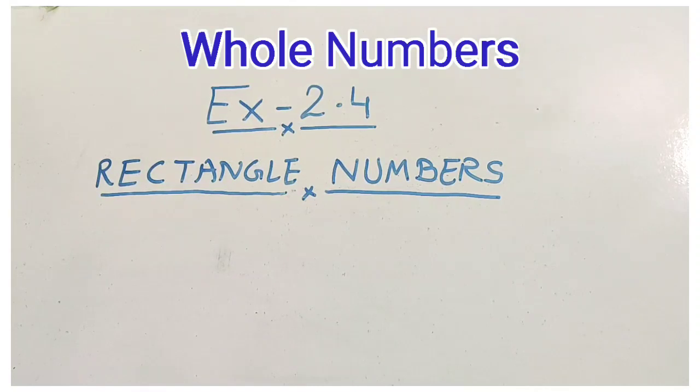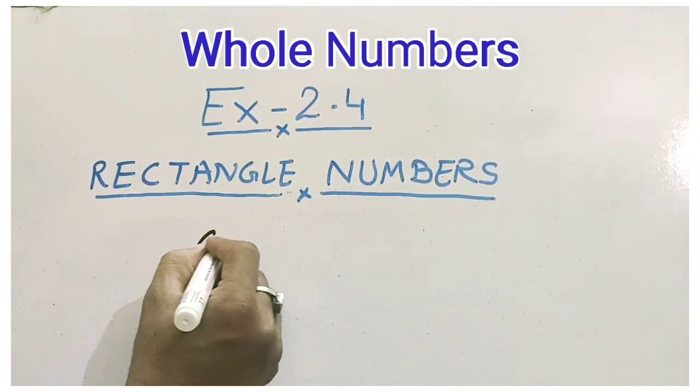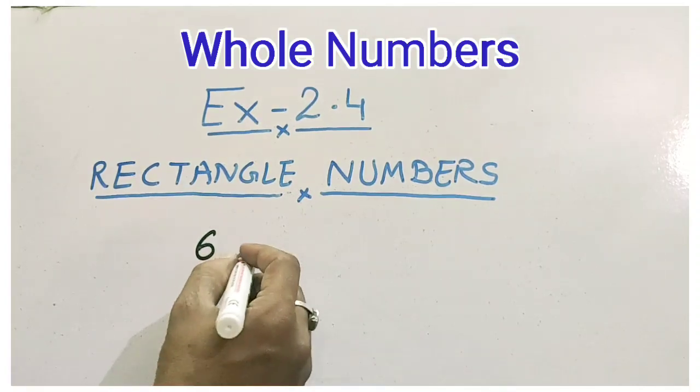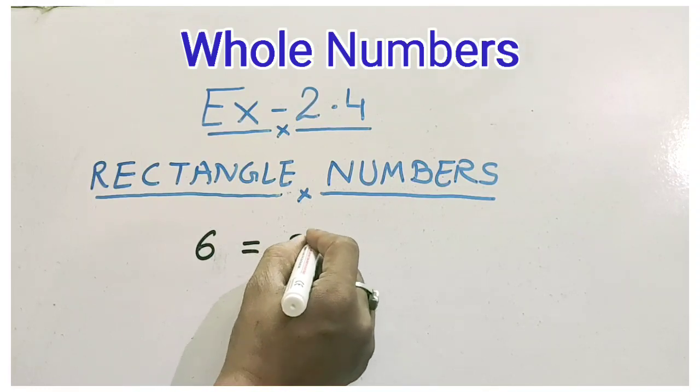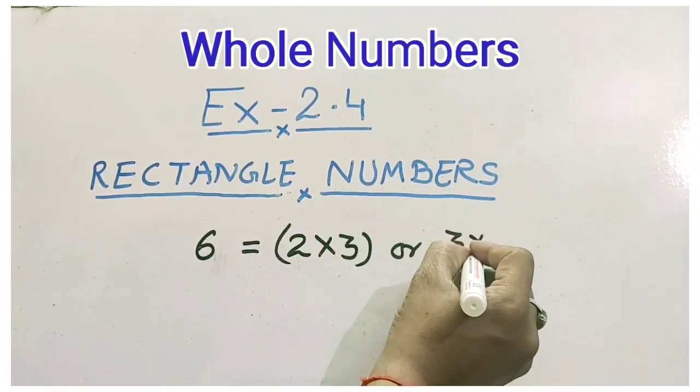Okay students, let's start. What are rectangle numbers? Rectangle numbers are those numbers that can be represented in the form of a rectangle. Suppose I have a number, 6, and I want all the pairs of 6. The pairs of 6 will be 2 multiplied by 3 or 3 multiplied by 2.